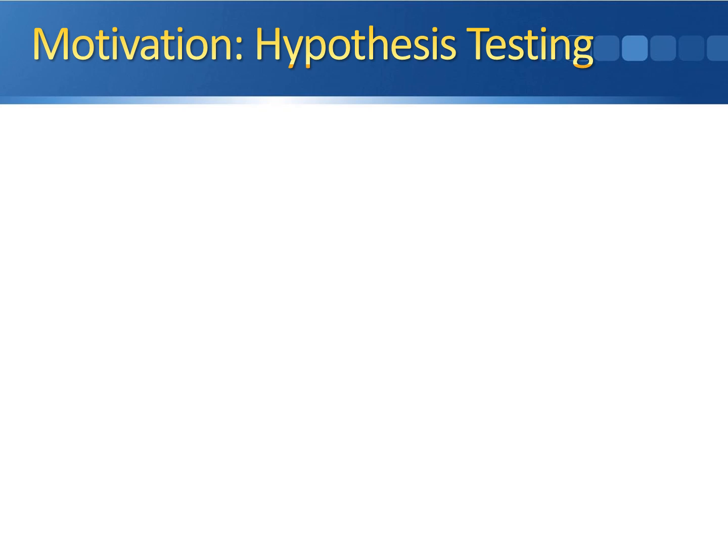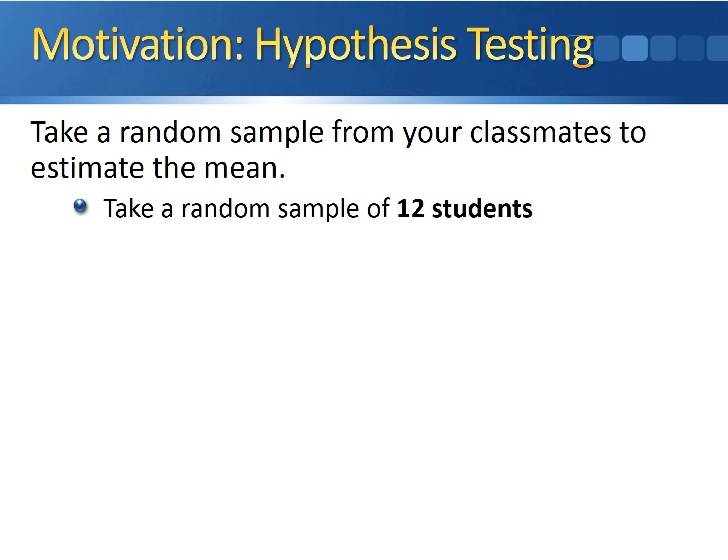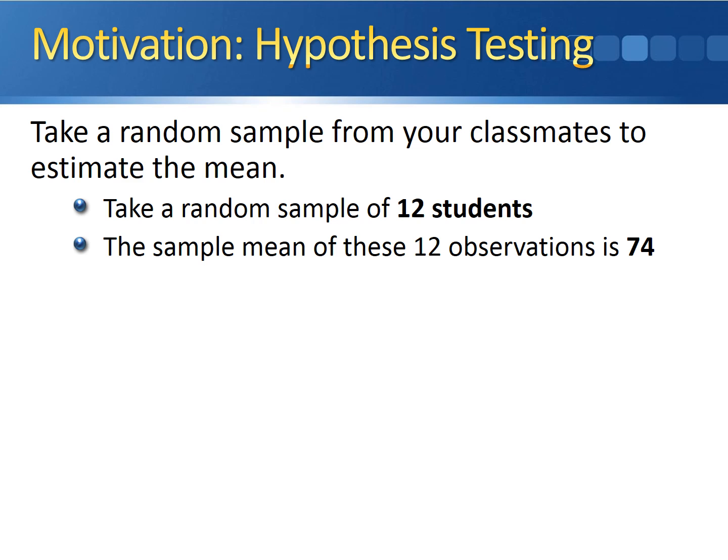Now, to continue along with this scenario, to figure out what the mean of the population is, we'll take a random sample of your classmates to estimate the population mean. We'll take a random sample of 12 students, and these 12 students tell you what their exam score was. You find that the sample mean of these 12 observations was 74.